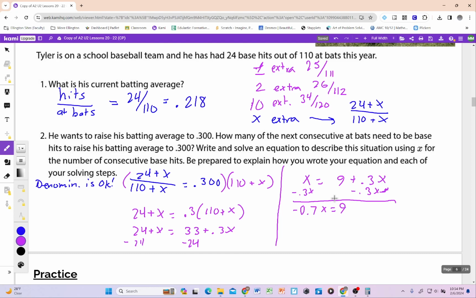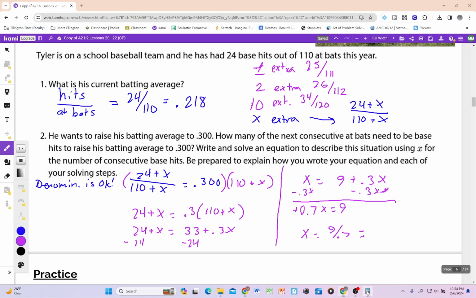There we go. So, oops, not negative. That's positive. So 0.7x equals 9. So all we have to do is just divide by 0.7. So x equals 9 divided by 0.7.